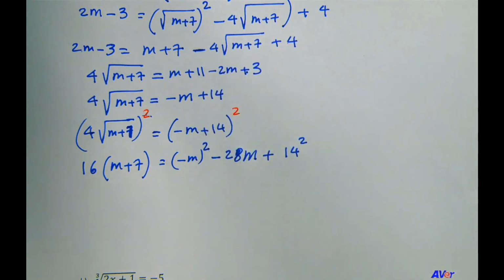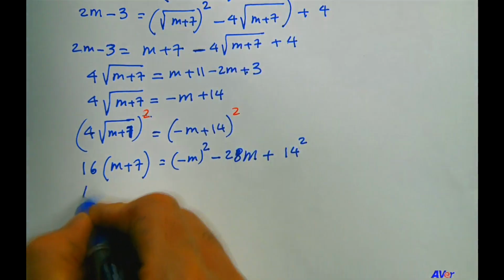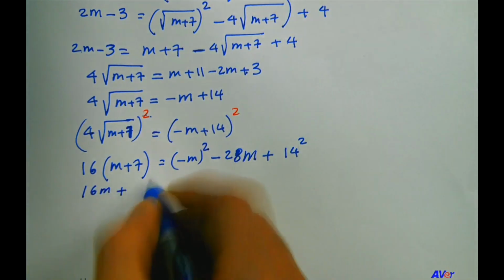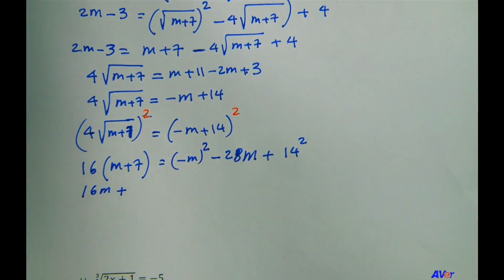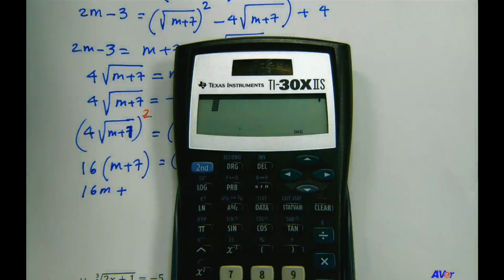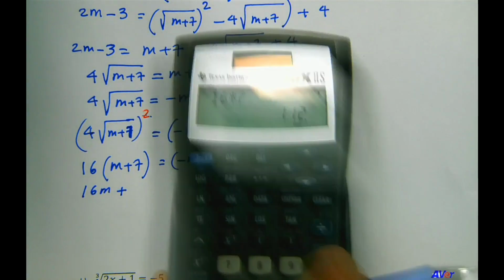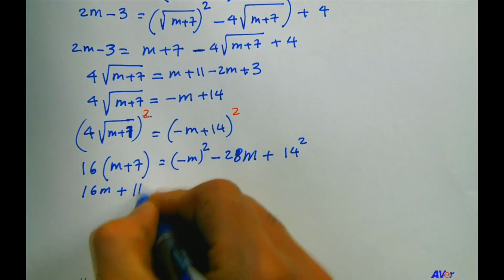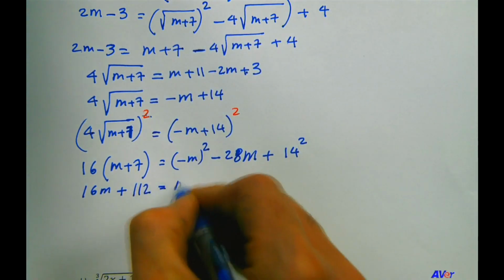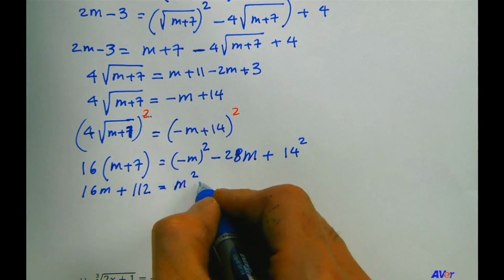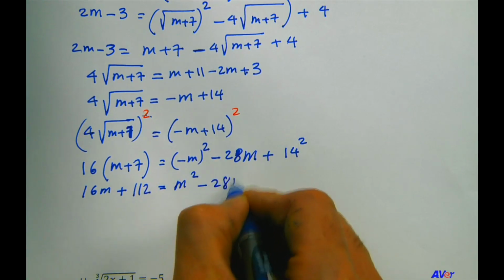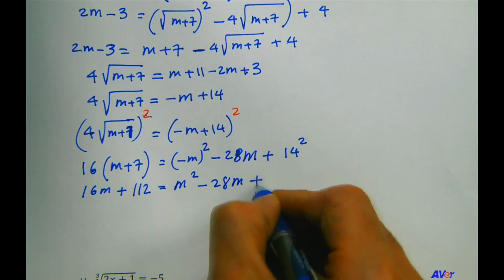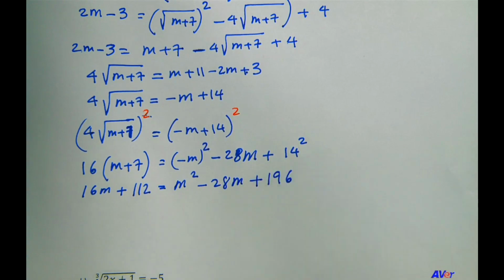Right? Okay, so let's distribute: 16m plus 16 times 7, 112, right? 112 equals m squared, positive m squared, minus 28m plus 196.